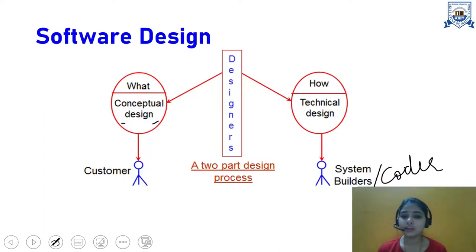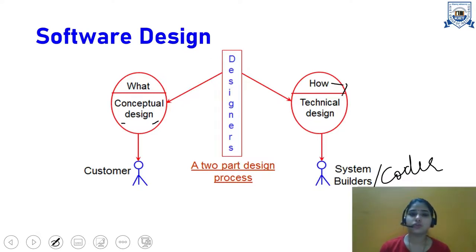Conceptual design is what your design is able to do, and technical design is how you will develop your design into code. In both parts the designer has to work.